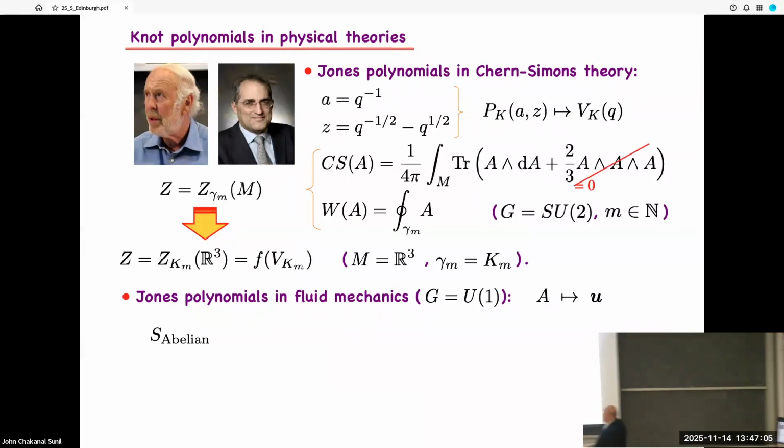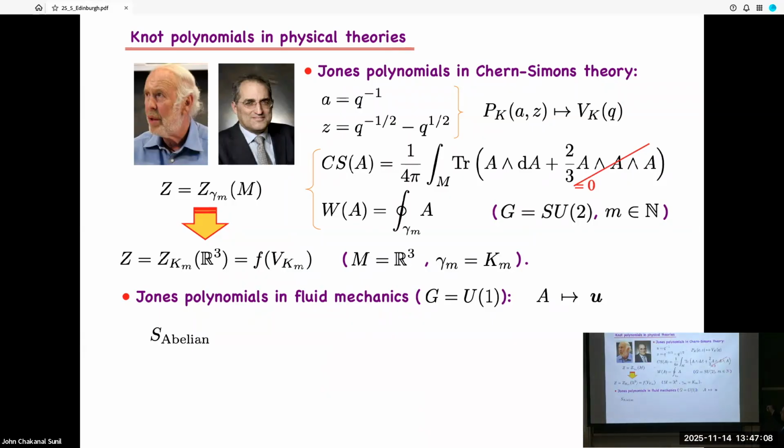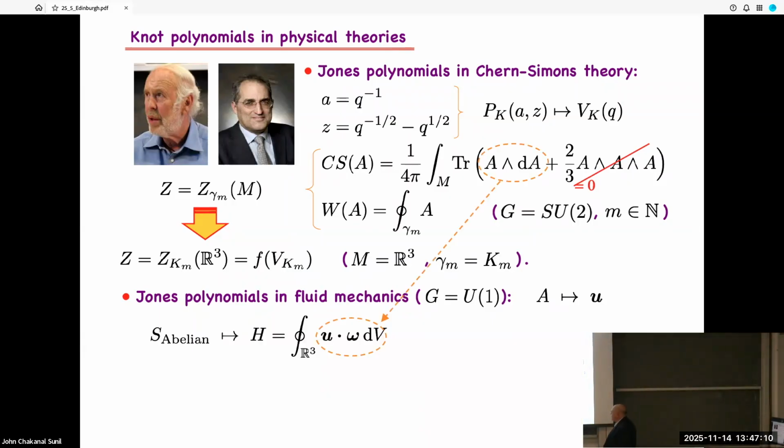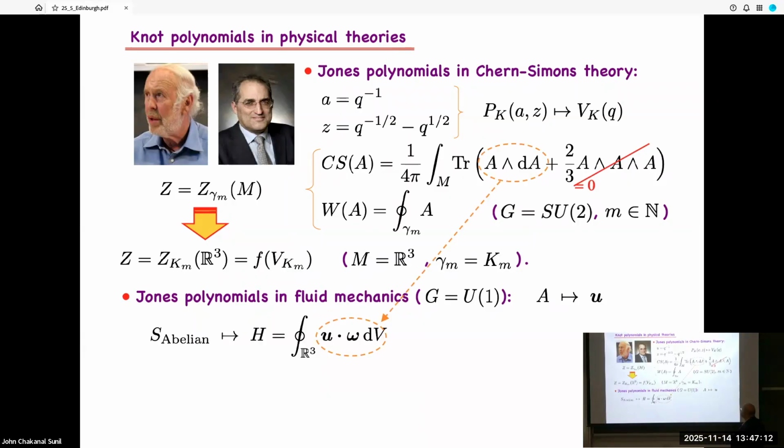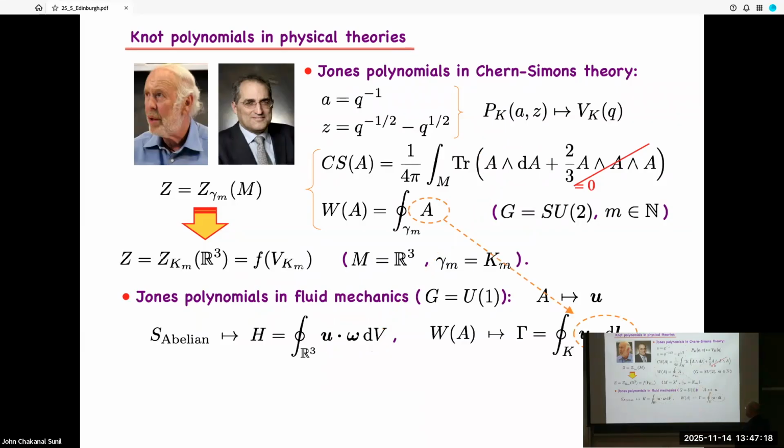Now, in this case, S is abelian, so all this goes away. And then what you have is that the helicity, you can recognize helicity as this contribution from the Chern-Simons action. Now, if you keep going, you'll find that within this context, the Wilson loop, at least, and the operator, is just a kind of circulation of the induced velocity all along the vortex.